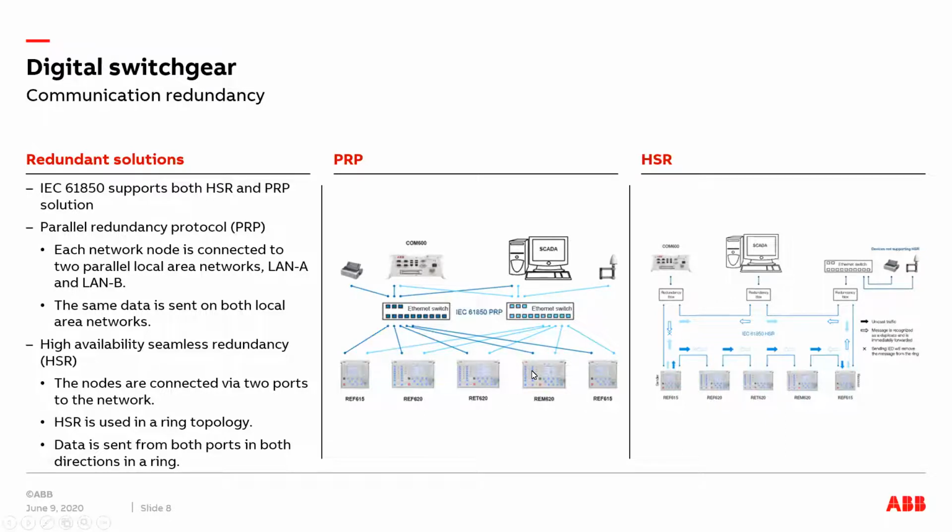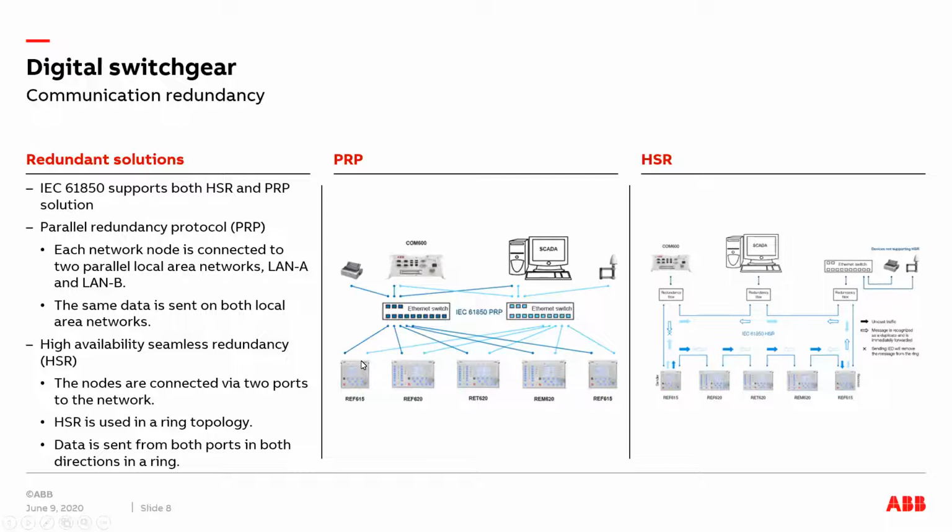So it's basically duplication of the network. So everything is duplicated. The same data is sent on both local area networks. Okay. So with this arrangement, we are sure that no data is lost at any point in time. So if there is a problem in one network, the other network is 100% active.